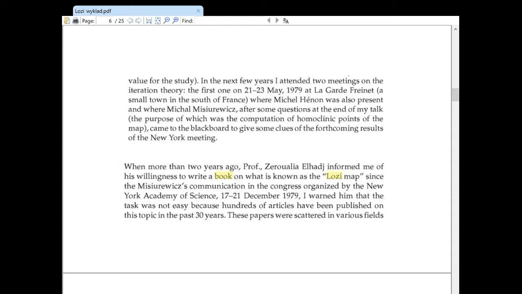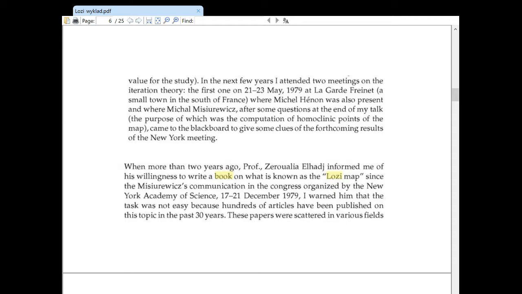I got interested, and then if you look at the third quotation from this book, there was, the same year but half a year later, a meeting in New York.